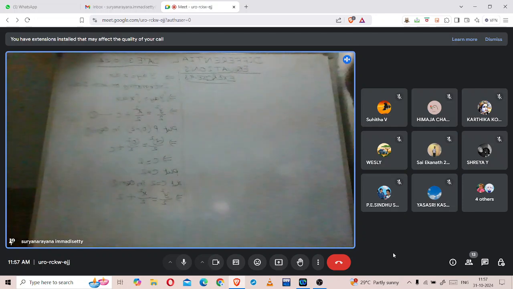So what is given here? The volume of a spherical balloon is being inflated and changes at a constant rate.